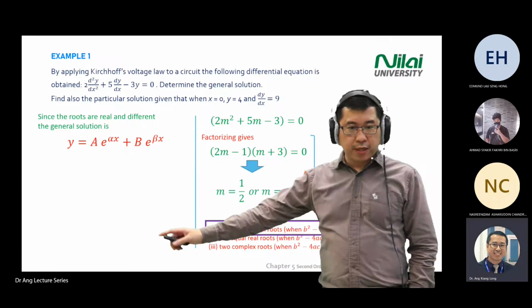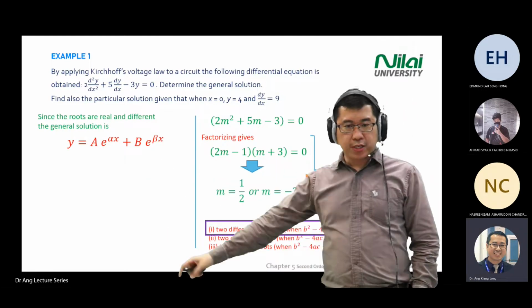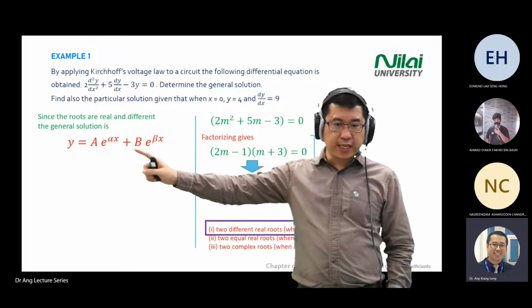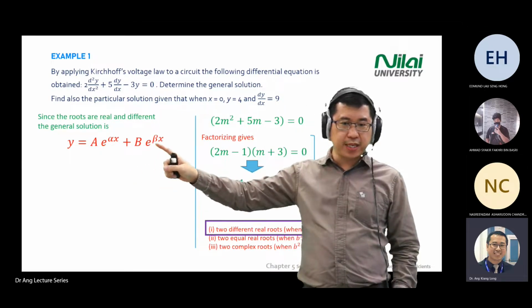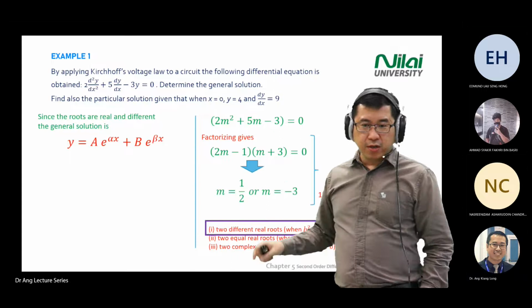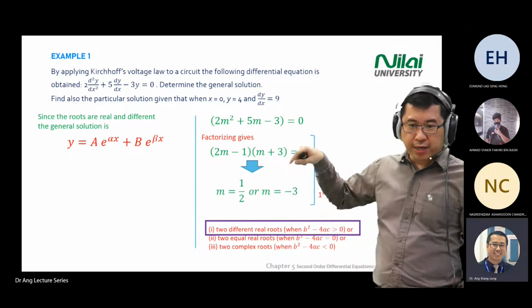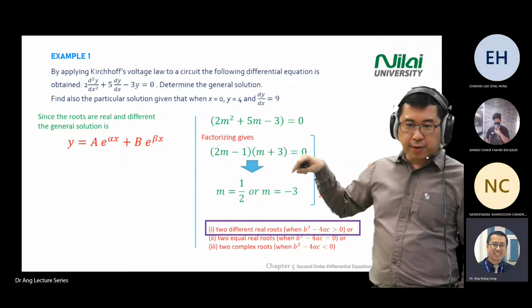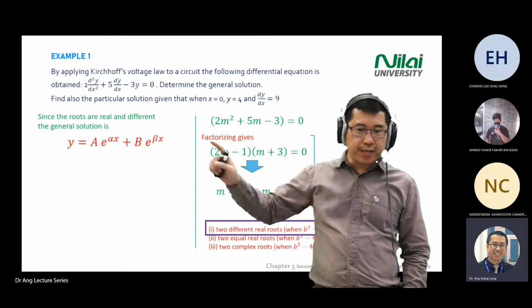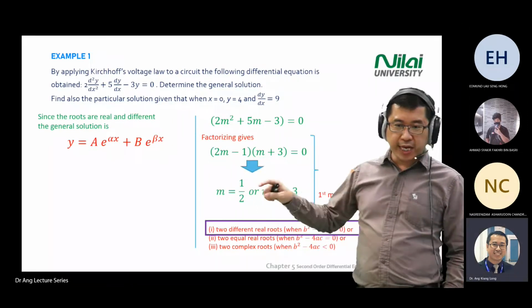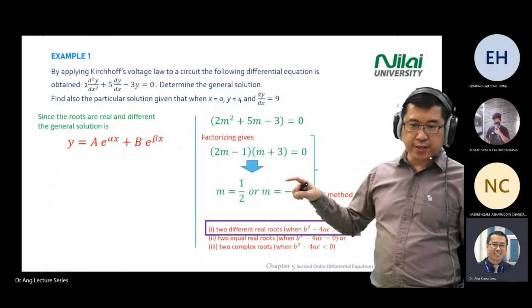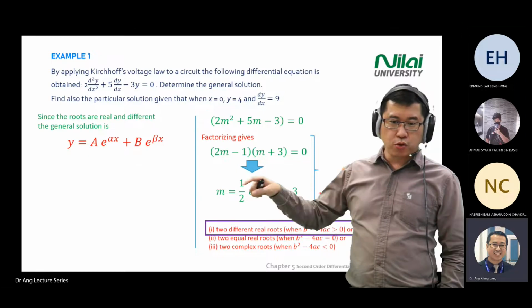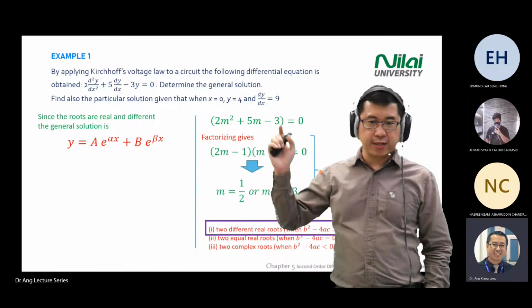Okay, now when you do the first equation, you have y equal to a e to the alpha x plus b e to the beta x. You try to link these two numbers, the roots of your answer, into alpha and beta.